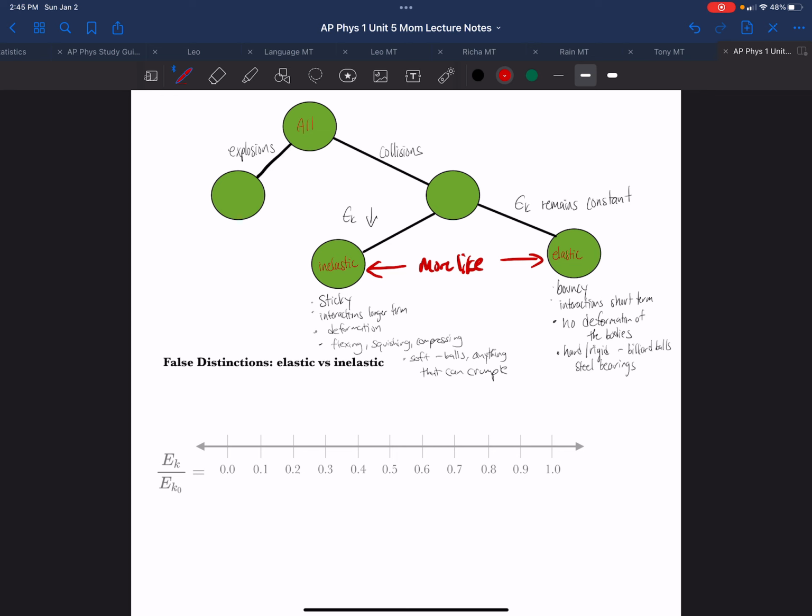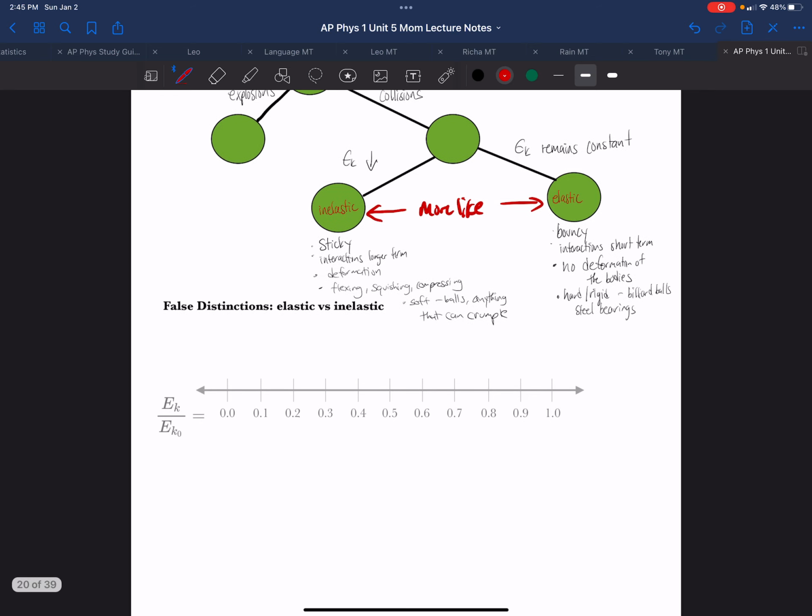How we get at this is we ask ourselves to compute a ratio of the initial kinetic energy and the final kinetic energy. If the kinetic energy at the end is equal to the kinetic energy in the beginning, then that ratio is 1. And we call that a perfectly elastic collision.